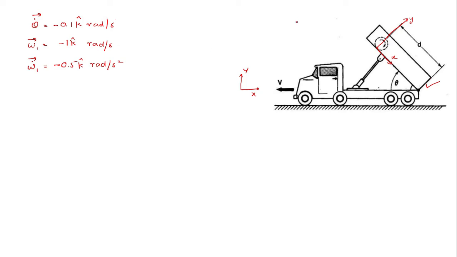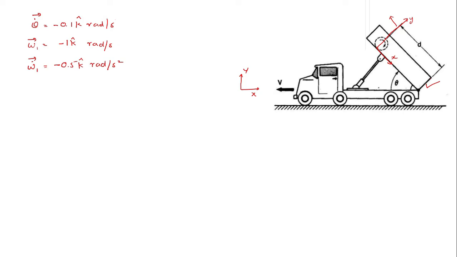Now remember one thing here, the fixed frame XY and the secondary reference frame small xyz both have their z axis perpendicular to the plane of the screen. So k will be equal to k dash.